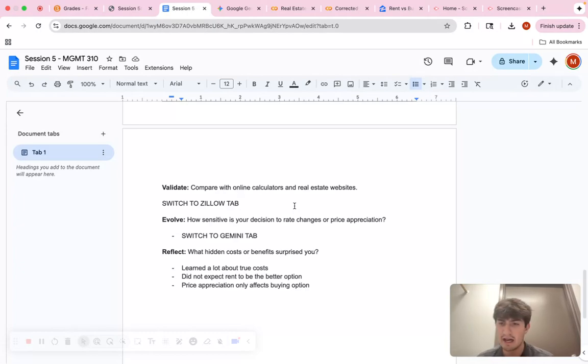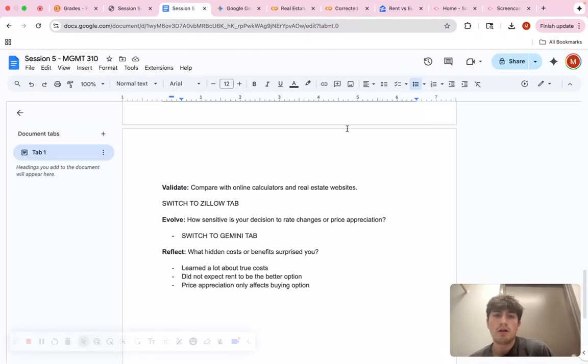Even though you're getting the housing, you're kind of just throwing it into nothing. So that surprised me. And then price appreciation only affects the buying option. It has nothing to do with the rent, which before this class I had no clue what price appreciation was. So finding out that it only affects the buying option is a big step in the right direction.